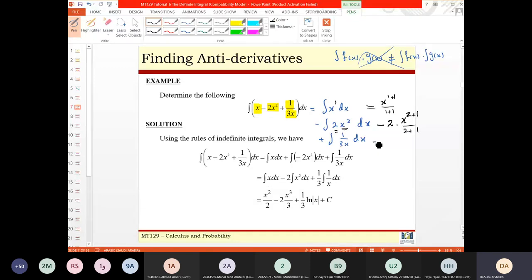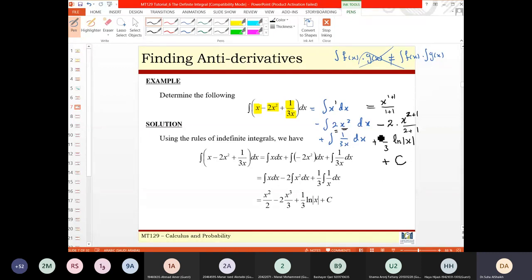Now, plus the 1/3 down there, and what's the integration of 1/x? It is the ln of the absolute value of x. Of course, we have the integration constant c. It should be added.